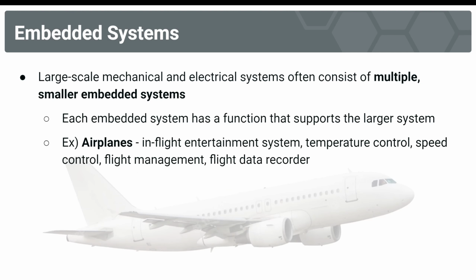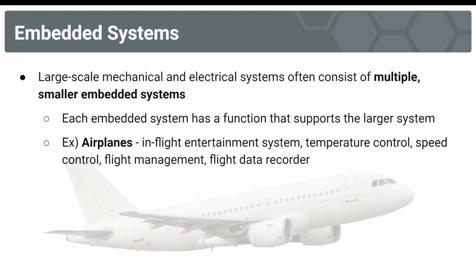So large-scale mechanical and electrical systems often contain multiple smaller embedded systems, and each embedded system has a function that supports the larger system. And so my favorite example here is an airplane.